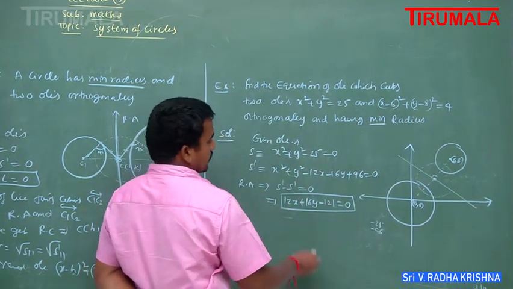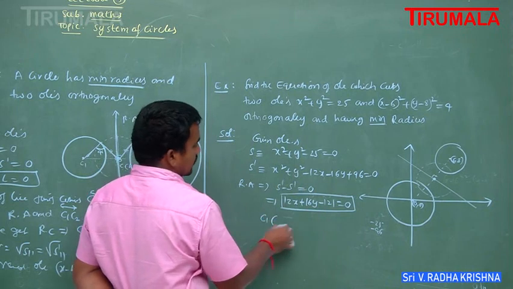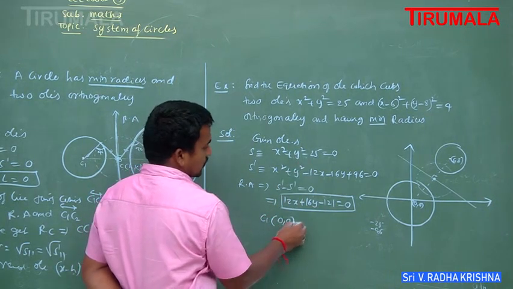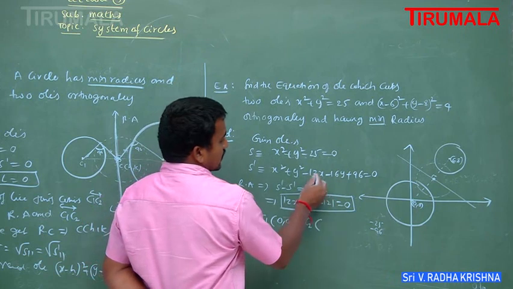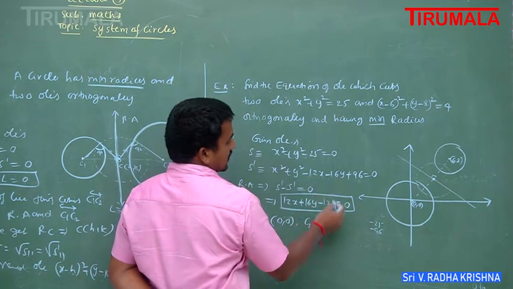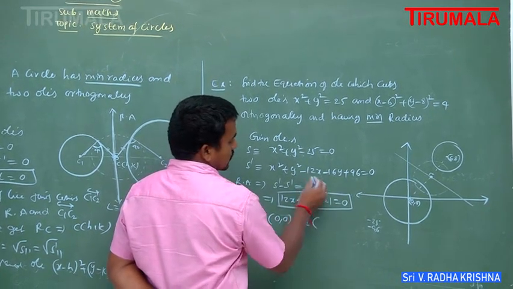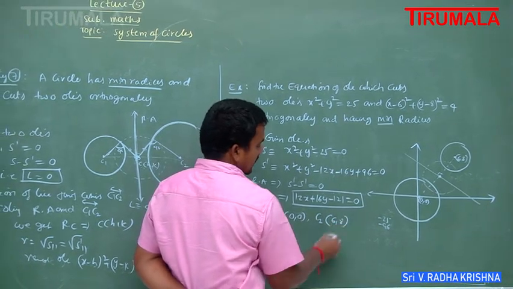So solving, we get the line joining the centers. C1, the first circle's center, is (0, 0). C2 is (6, 8), the center.